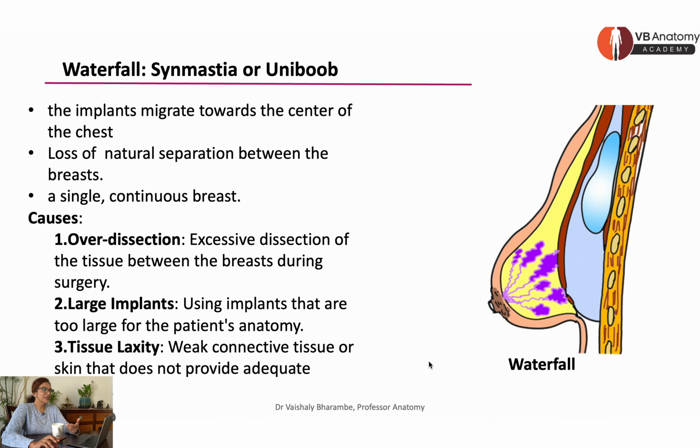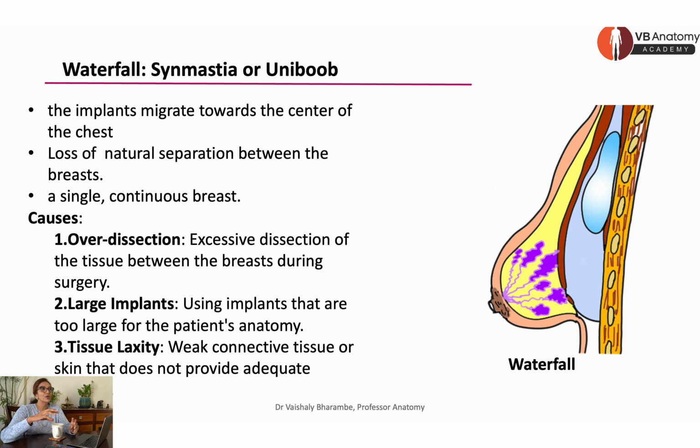There's something called as waterfall or synmastia or uniboob. What is this? Okay, so now the implant begins to migrate upwards in the chest. As it migrates upwards, the shape of the mammary gland is lost and both the breasts begin to appear as continuous. Okay, there is no cleavage in the middle seen.